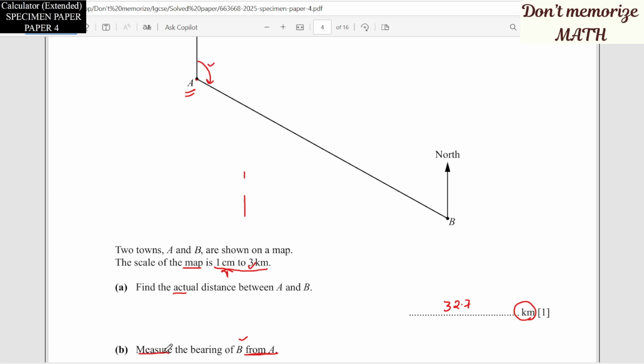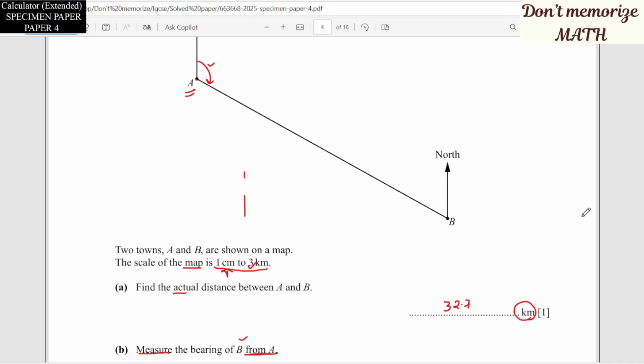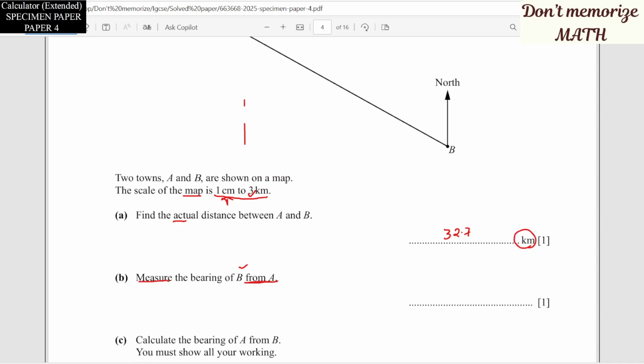Use your protractor and measure the angle. Your answer will be between 118 and 120, so I will choose 120.